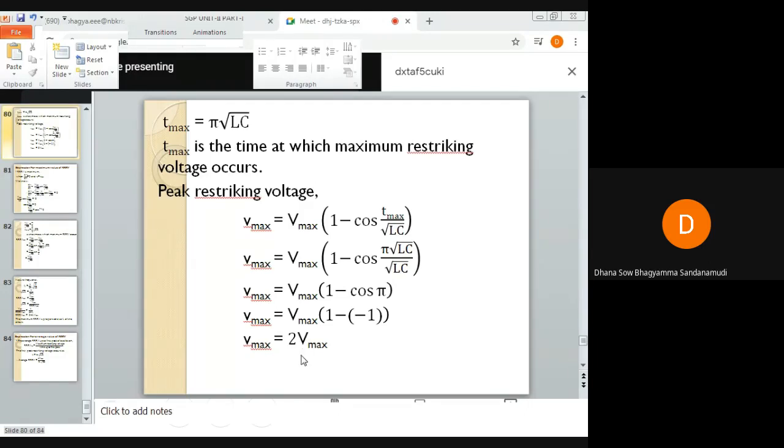So the maximum value of restriking voltage is 2 times of the peak value of the transient voltage.